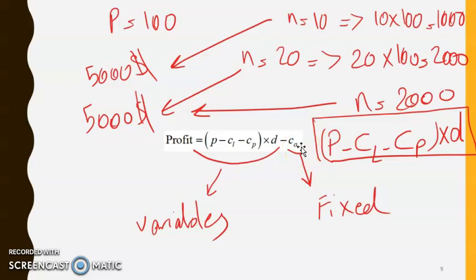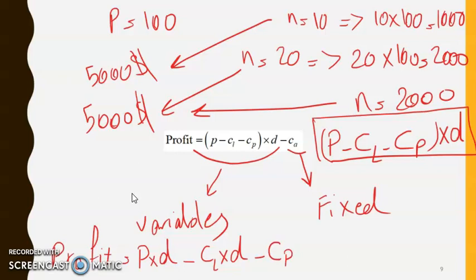It may strike you that could I write this formula in this way, that profit equals to price times demand, so it would be your total income, minus the total labor cost, C L times D, minus total part cost, CP times D, minus administrative and marketing cost that is not dependent on the production volume.